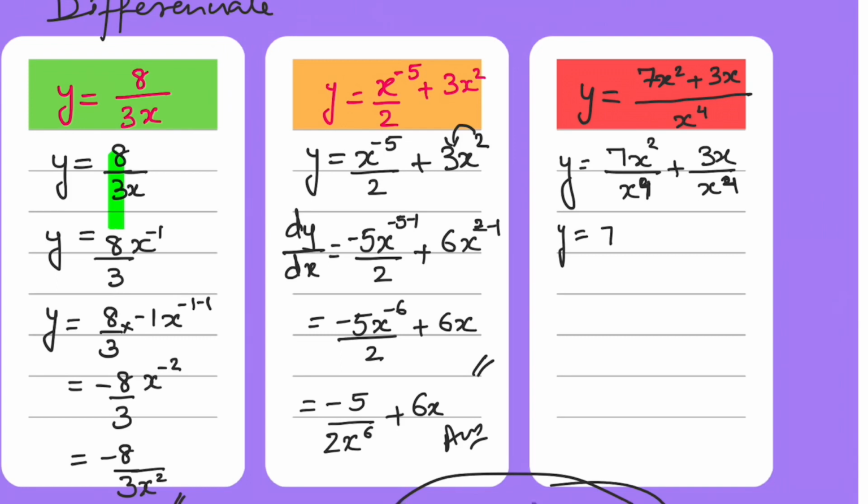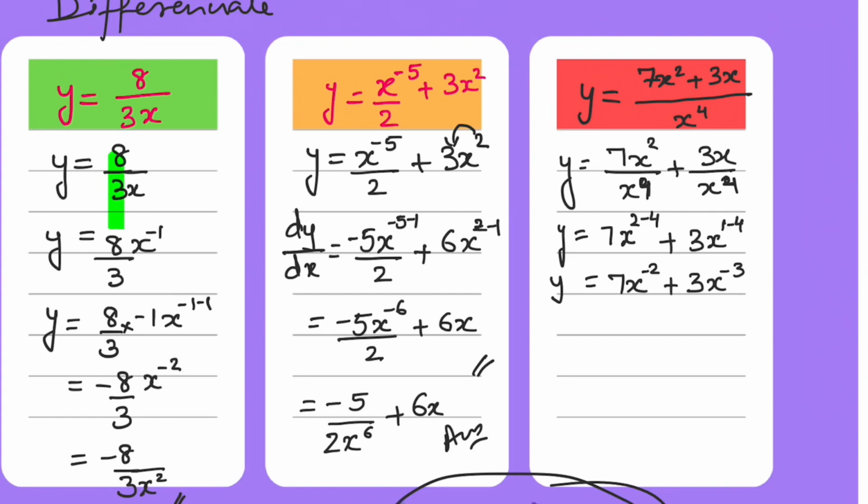So now it becomes 7 x to the power of 2 minus 4, because when we divide according to exponent's law, the powers are subtracted, plus 3, and here you have 1 minus 4. So your question becomes 7x to the power of minus 2 plus 3x to the power of minus 3, right?